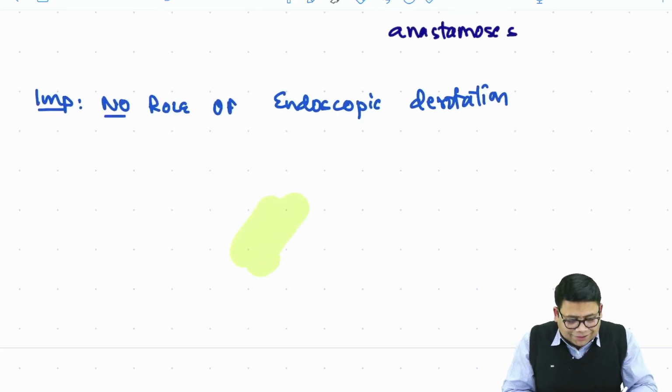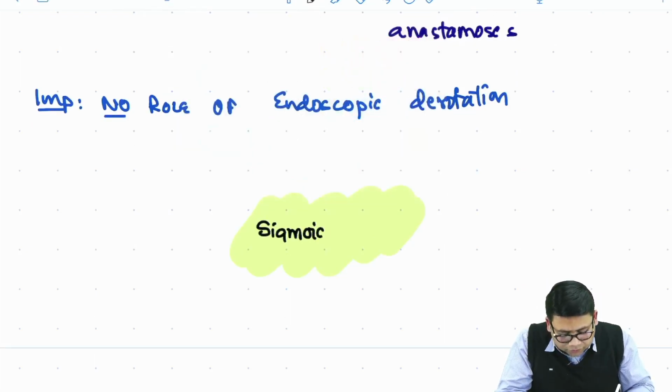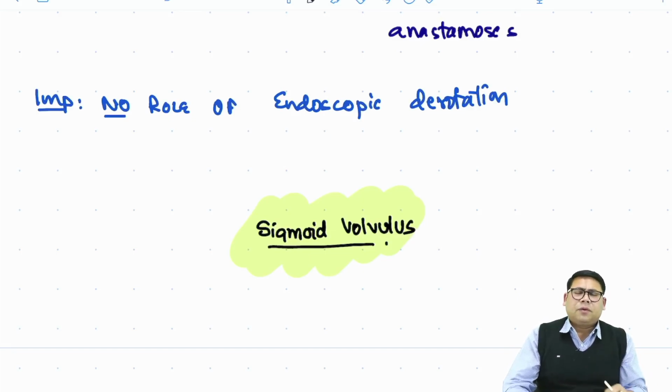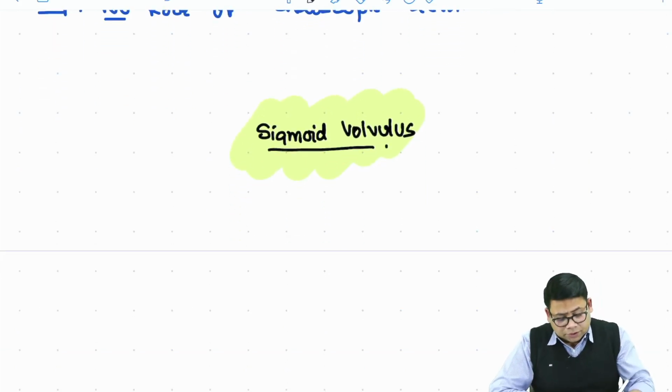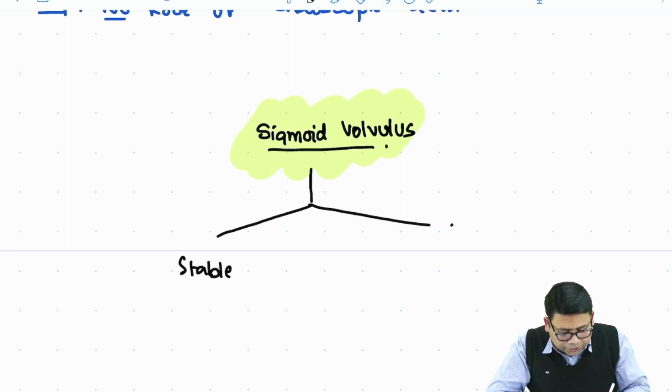The next is, let us talk about the management of sigmoid volvulus. This is again very important. So when we talk about the management of sigmoid volvulus, what are the things that you need to understand? Students, the first thing that you have to ask is whether the patient is stable or unstable.